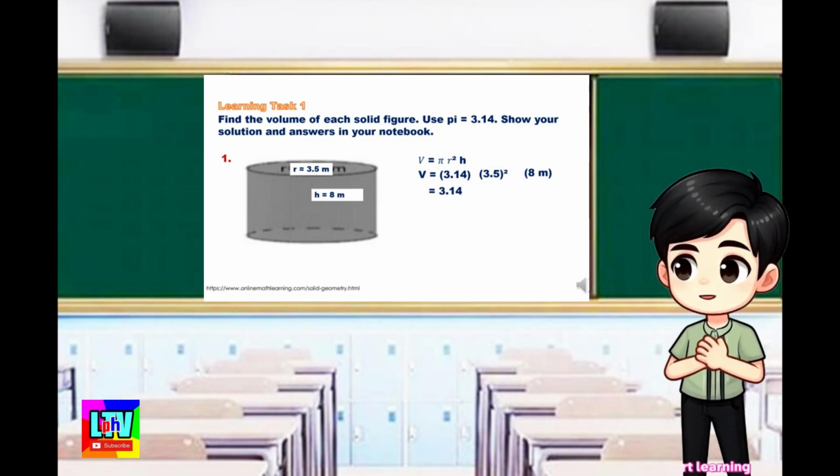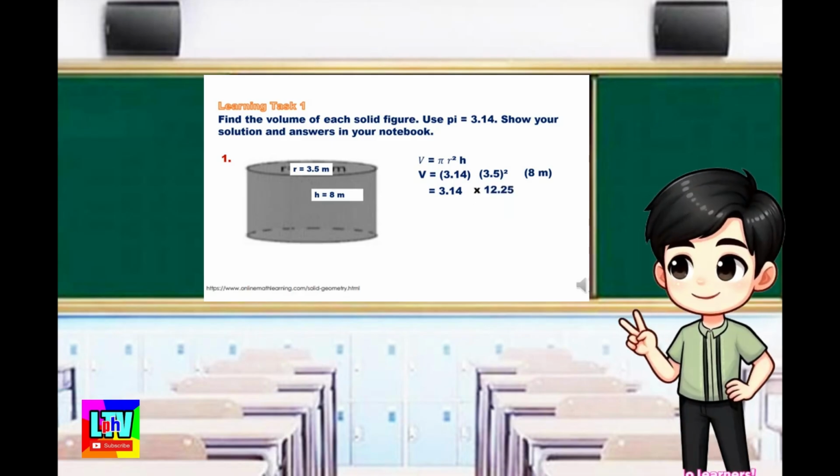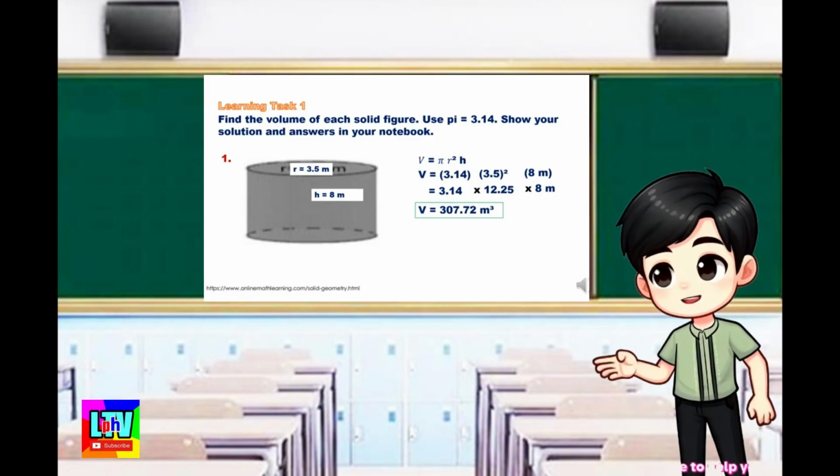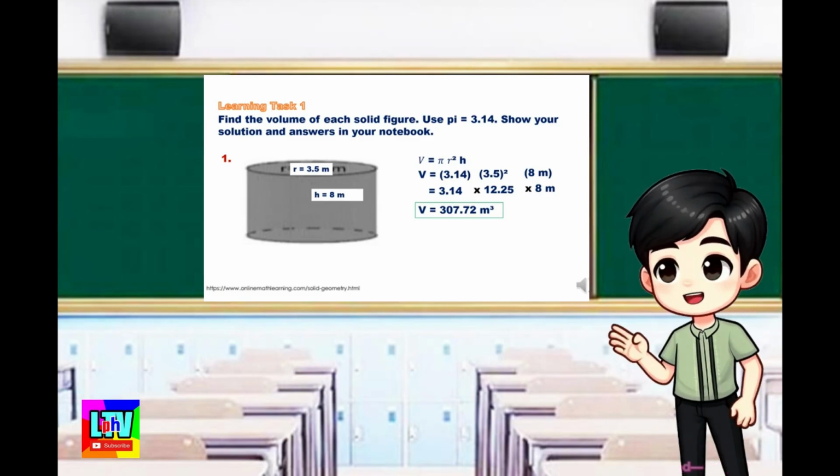So 3.5 times 3.5 equals 12.25 times 8 meters equals 307.72 cubic meters.